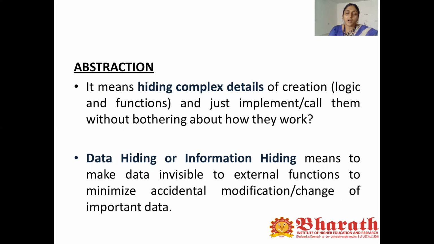Abstraction means hiding complex details of creation, so the implementation will be hidden without bothering how they work. Data hiding means making the data invisible to external functions to minimize accidental modification or change of important data. So the implementation details are hidden and the necessary data alone will be open to the users.